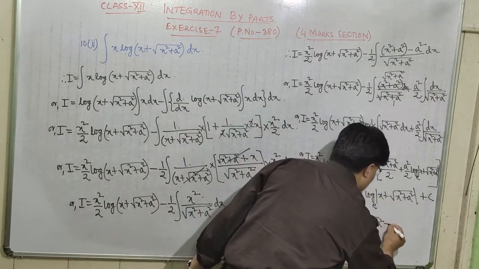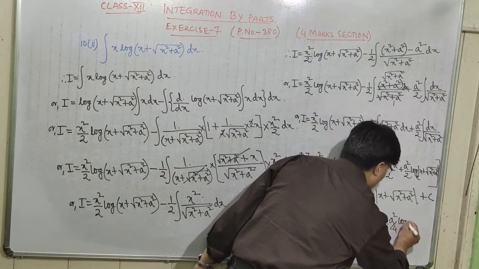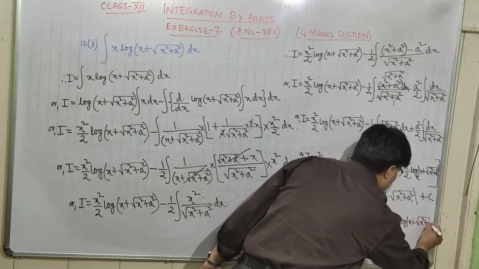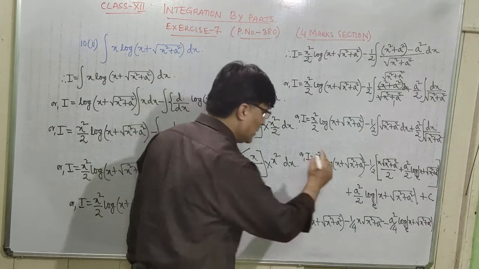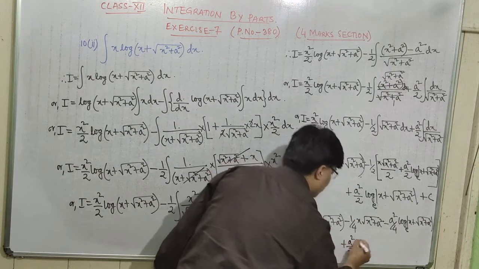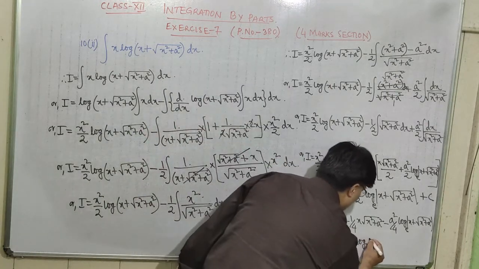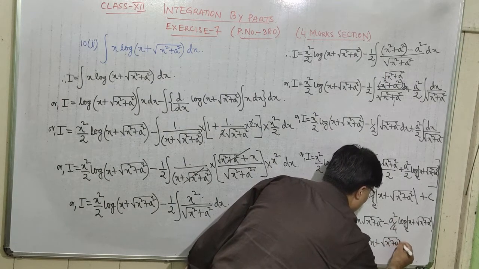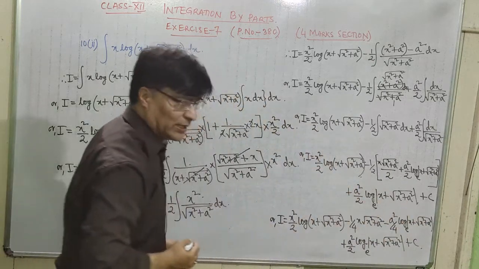Minus into plus is minus, so this is a square by 4 log within mod x plus root over x square plus a square, mod sign close, the base is e. Then plus a square by 2 log within mod x plus root over x square plus a square, mod sign close, the base is e. Then plus c.